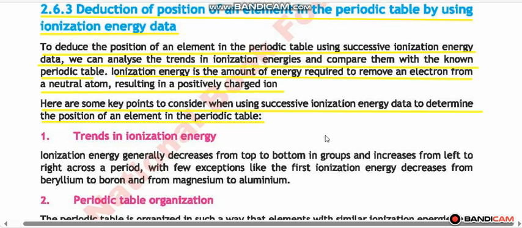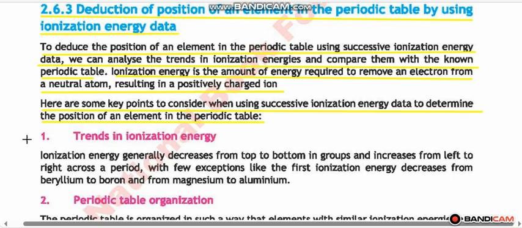For example, if there is an element which has ionization energy of 700, then it will be kept between those two elements which have ionization energies a little below 700 and a little above 700. For example, one has 730, the other has 680, then the element which has ionization energy equal to 700 will be kept between these two elements.